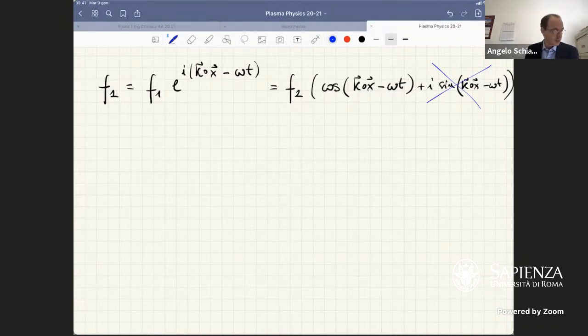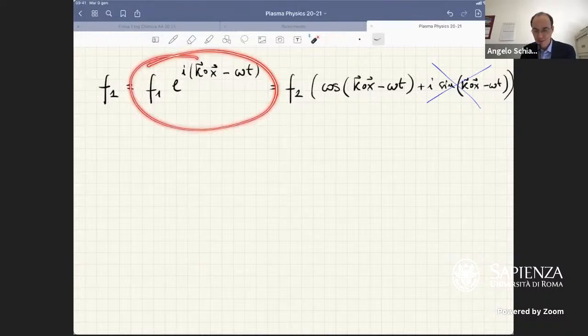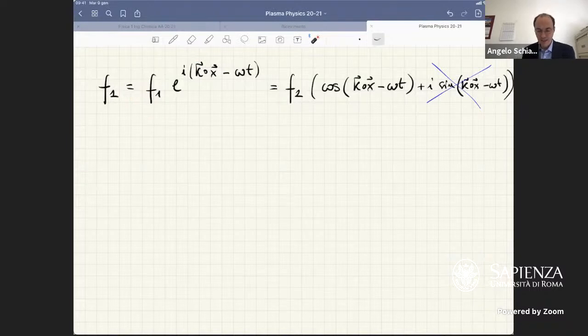So what we want to do is, having expanded our general perturbation in plane waves, apply differential operators. We move the differential operators onto the complex notation.